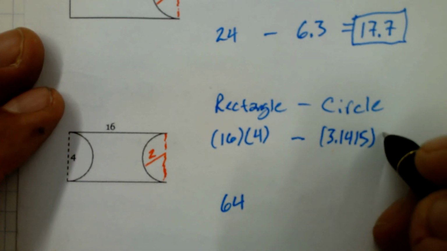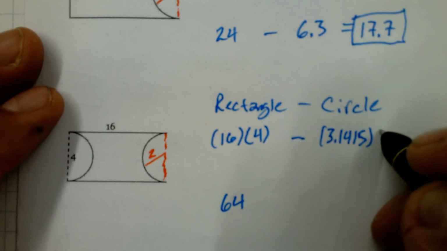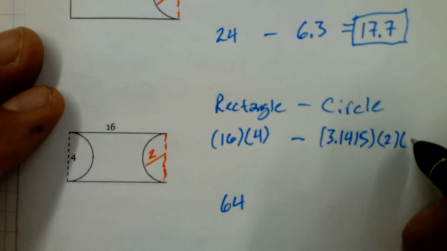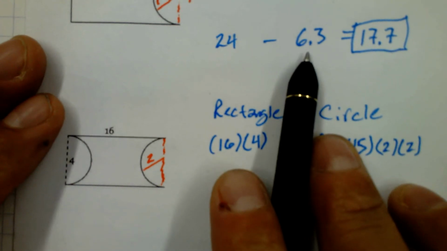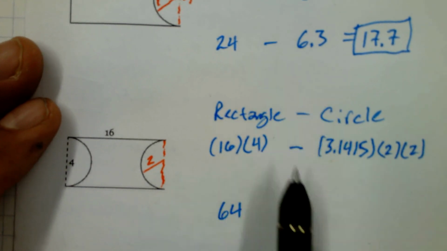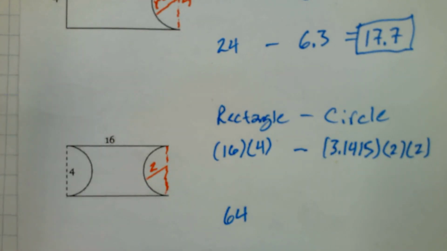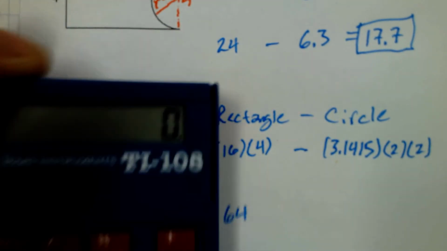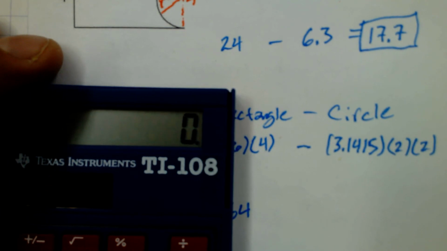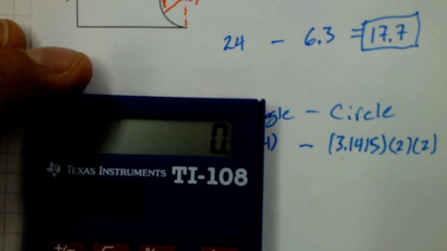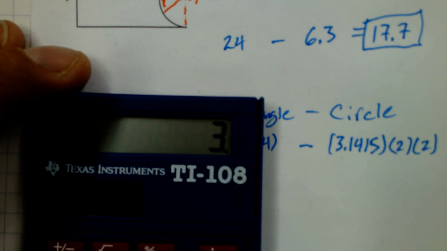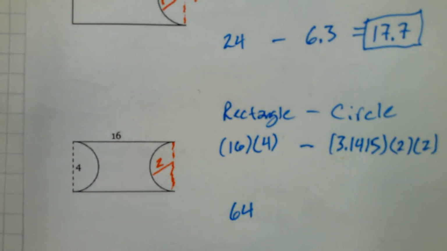Let's test it out, make sure it works. In theory, it should be double this, right? So let's try 3.1415 times 2 times 2. Is it 12.6? Test it out. Maybe your intuition is right on that. 12.6.